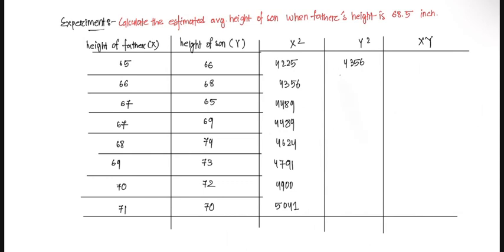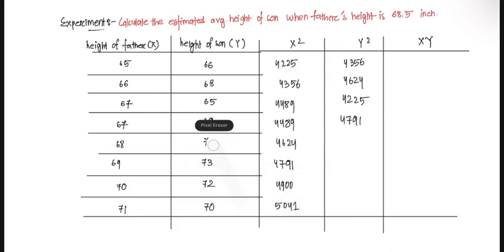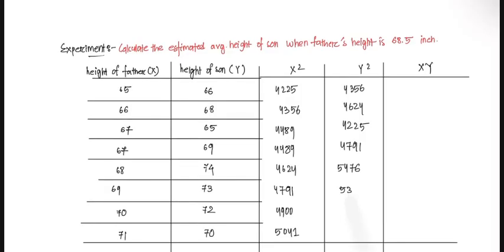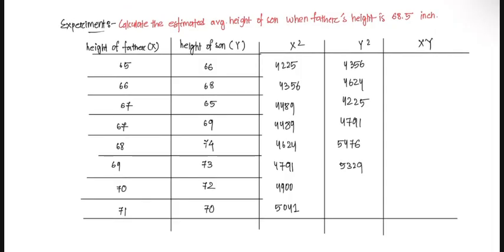And here 68 is 4624. 65 value is 4225. 69 value is 4761. 74 value we need to find out. 74 into 74 is 5476. 73 multiplied by 73 is 5329. Next is 72 multiplied by 72, 5184.